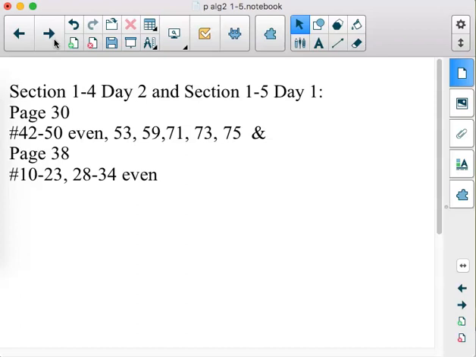So just ignore this assignment that's up here and use the one that's on Schoology. It must have been a year where we had to do part of 1-4 and 1-5 together. Yes, that's what it was. And that was because last year we only had one safety day. So this year we have two. So we'll use the one that's on Schoology.